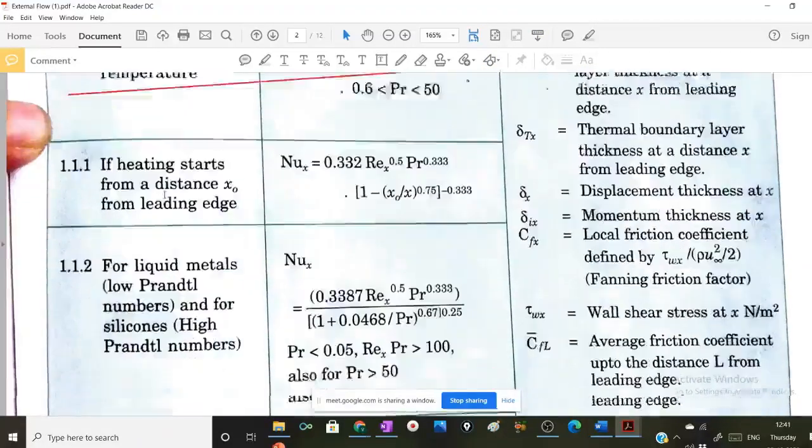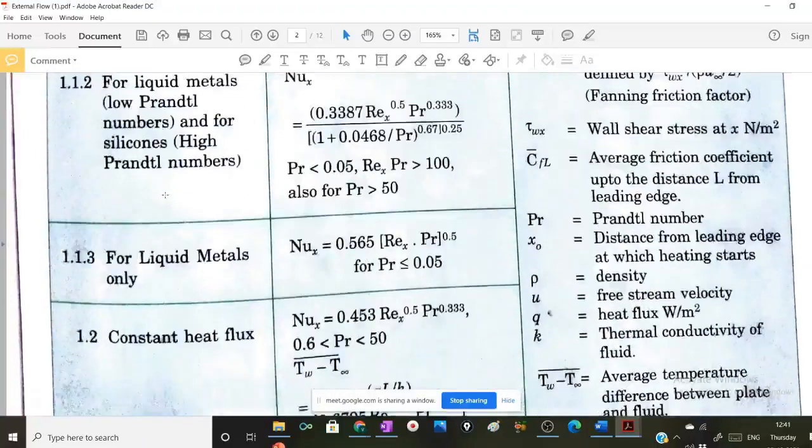At the same time, the formula of local Nusselt number is also given for constant heat flux. And what are these constant wall temperature and constant heat flux? They are nothing but boundary conditions we have discussed. What do you mean by constant wall temperature boundary condition, and what do you mean by constant heat flux boundary condition?